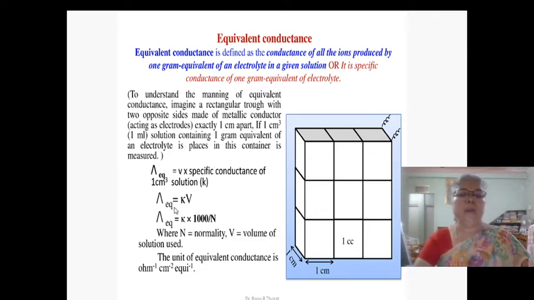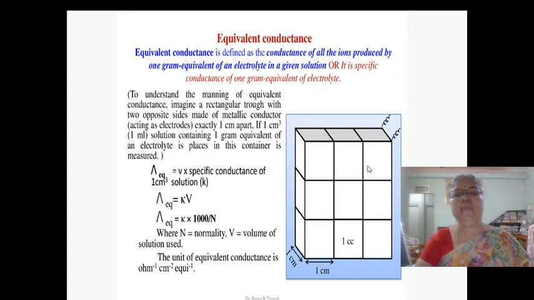Here again, as the specific conductance, we have taken 1 cubic centimeter of solution. We denote it as kappa into phi, where phi is the volume of the solution.